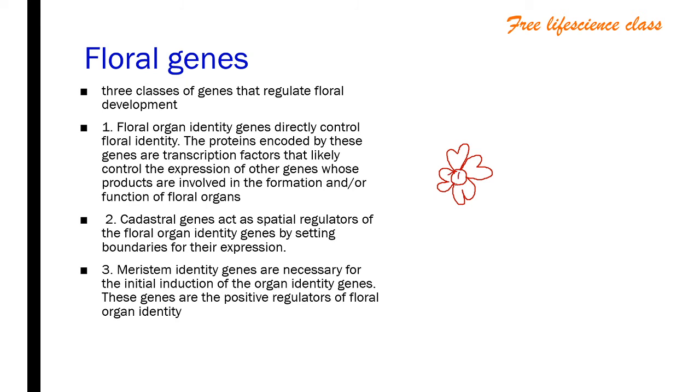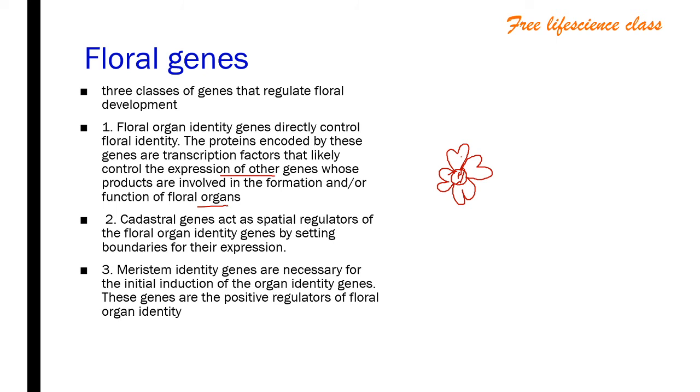It consists of pollen grains, below that the gynoecium, then petals, sepals, etc. The proteins encoded by these genes are transcription factors that control the expression of other genes whose products are involved in the floral organs.